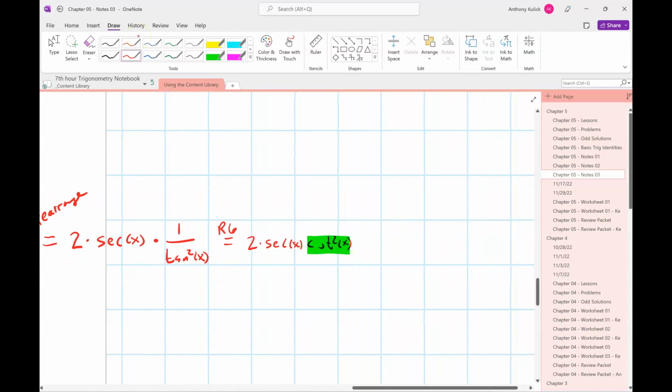Well, that's not that big of a problem, though, because what is cotangent squared the same as? Well, let's backtrack a second. Can I rewrite cotangent squared as a multiplication problem? What's x squared the same as? That's right, Alexis. Cotangent x times cotangent x.